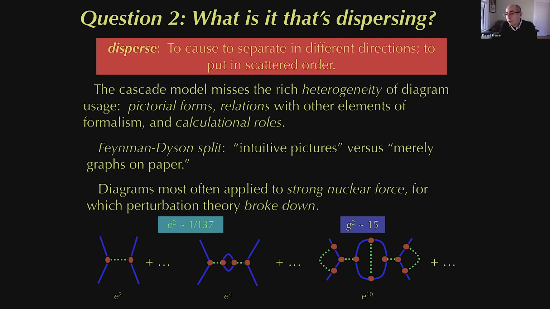These 2 electrons could have traded an infinite number of virtual particles, but the more complicated the interaction, the more places where blue electron lines would connect with these kind of neon green photon lines, the more powers of that small number would come out in front. So as a practical matter, you could stop. This is a perturbation theory calculation, kind of Taylor expanding, and each additional contribution weighs less quantitatively. Okay, so that's great. It's a great bookkeeper.